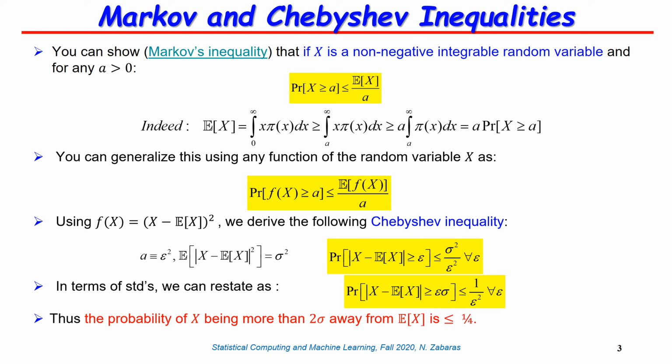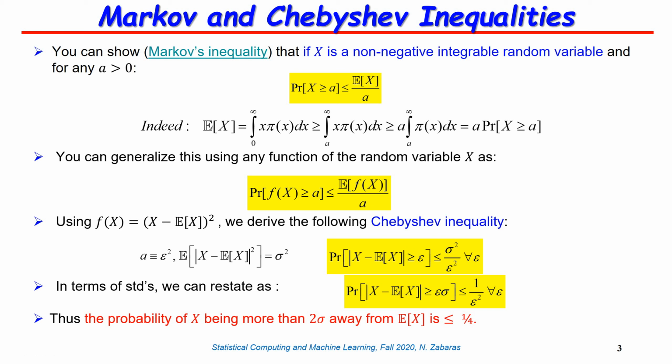I use only the fact that x is a non-negative random variable with an expectation that exists, and more or less nothing else in the derivation on this slide. So you can use this and figure out the probability of being certain distances away from the mean, and this is bounded by 1 over epsilon square.